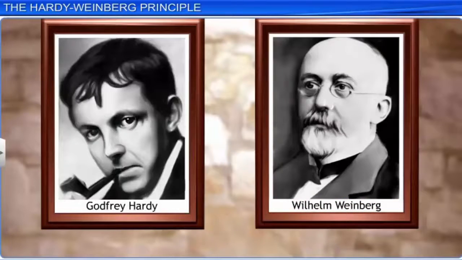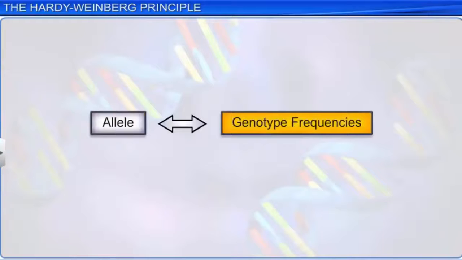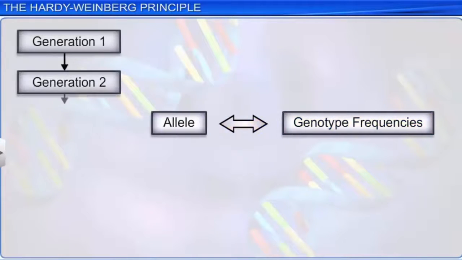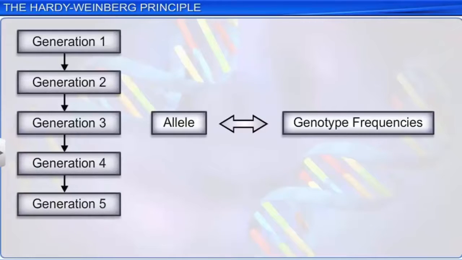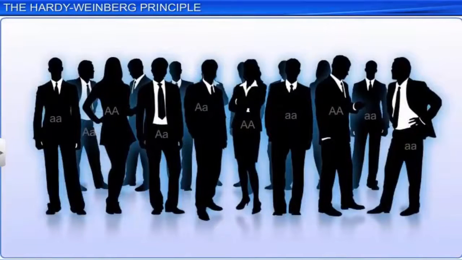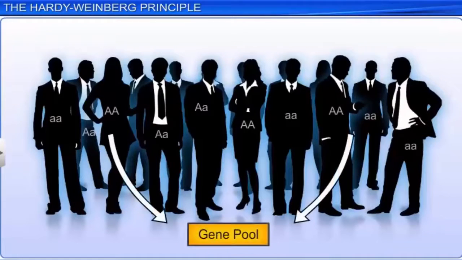Using mathematical modeling based on probability, they stated that allele and genotype frequencies in a population remain in genetic equilibrium from generation to generation unless specific disturbing influences are introduced. In other words, the totality of alleles of all genes in a population is called the gene pool, which remains constant for a given population.